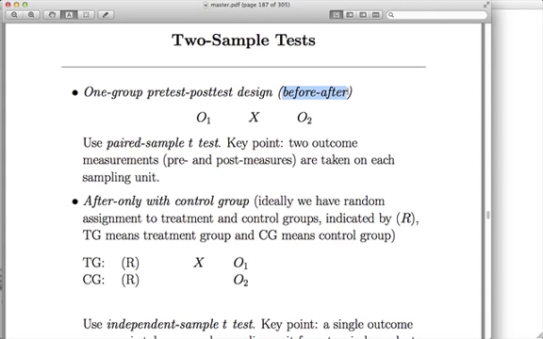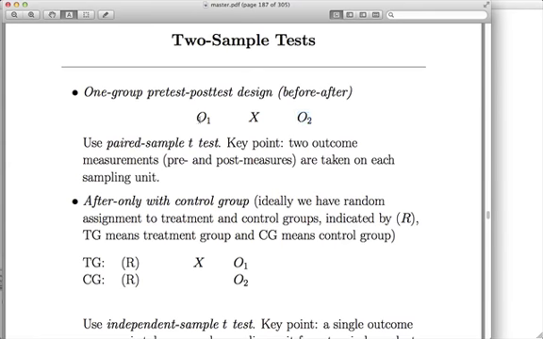So the point is, every person gets their blood pressure measured twice. Once before the intervention, in this case, giving them some new drug, and after. Or I recruit a bunch of people, I measure their weight, I put them on a diet, and then I measure their weight again.